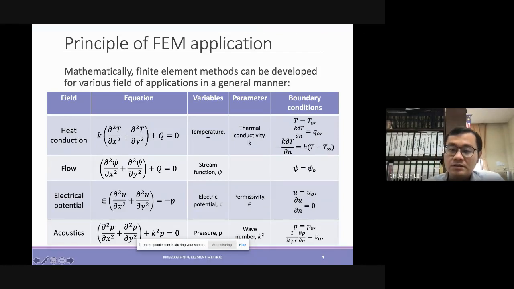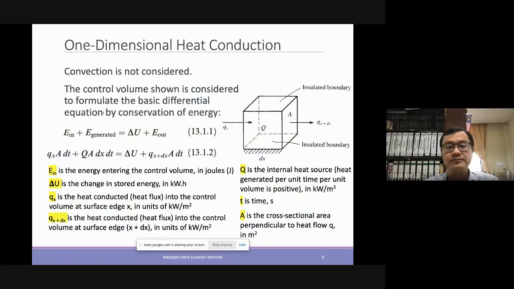Again, initial boundary conditions and other types of boundary conditions. So you can see that by observing these equations, they are basically similar to the equations that you use to describe the structure. Therefore, since they are similar forms of differential equations, we can expand the usage of the finite element method to different fields.